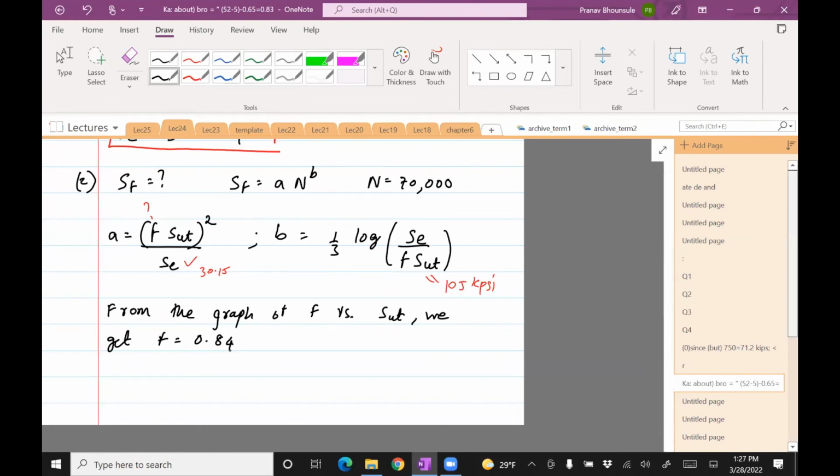You can also use the formula I have there, and you get the same answer. Okay, so F is also known now. So we'll compute A and B. And once you get A and B, it's just a matter of putting it in this formula.